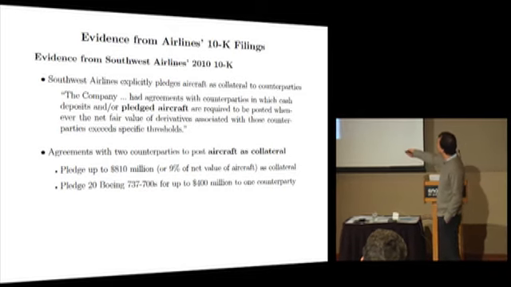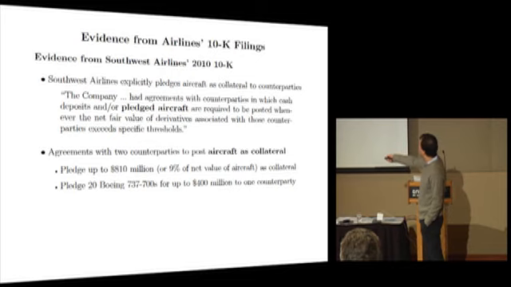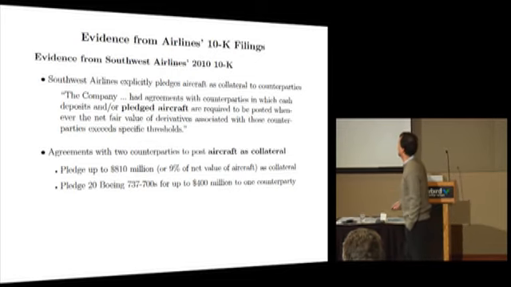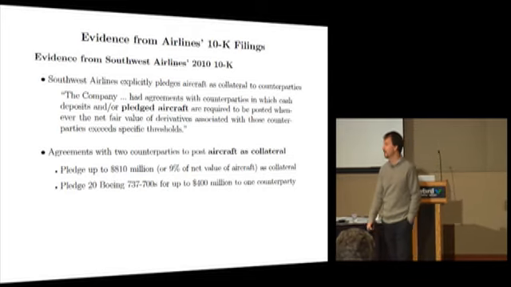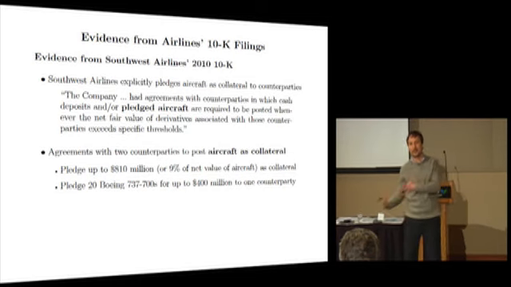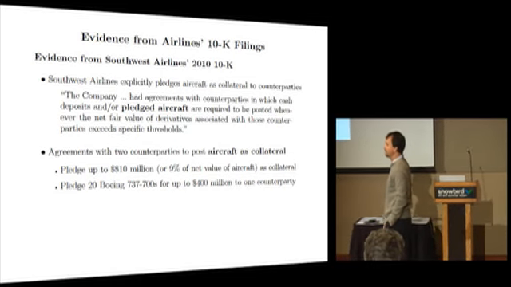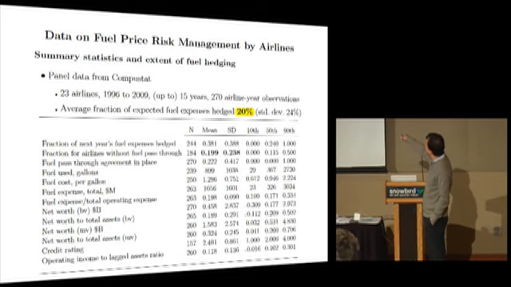Specifically, they have agreements where they can pledge 20 Boeing 737-700s in lieu of $400 million to one of their main counterparties. Obviously, if you pledge it to the counterparty, you can't also pledge it for financing purposes.